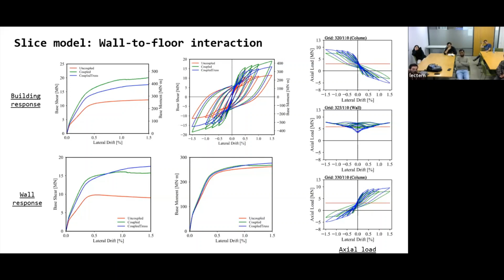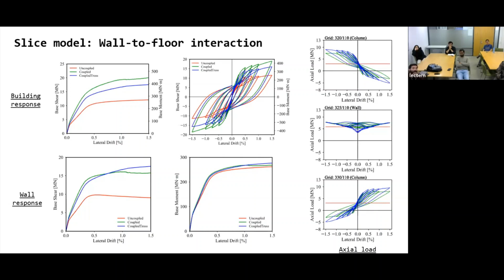What we see here is that the coupled building is way stronger than the uncoupled version. So the slab has a huge role in the building response. And assuming that the columns don't contribute in terms of moment and shear, that they just contribute gravitational forces, makes our building weaker.